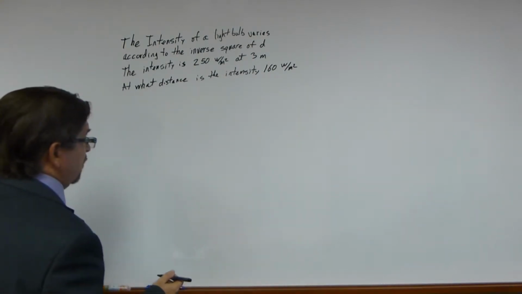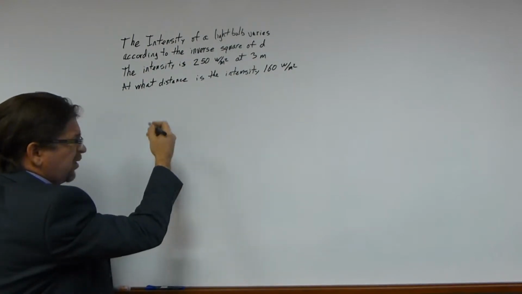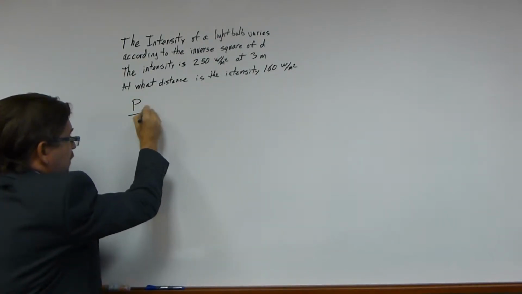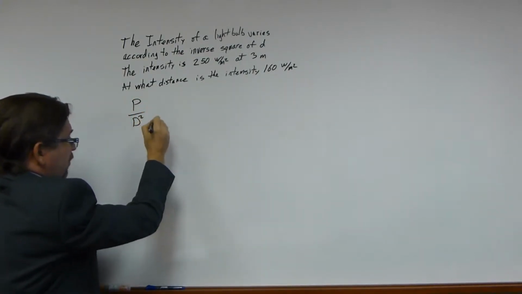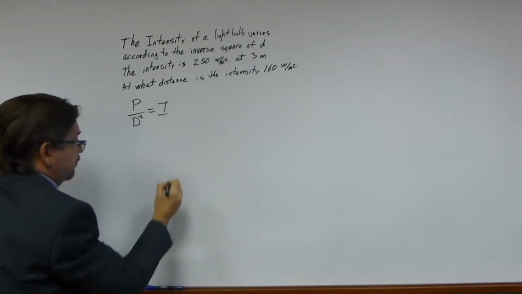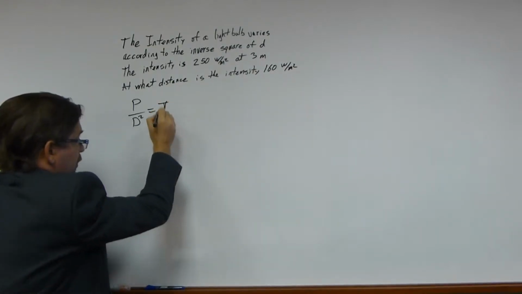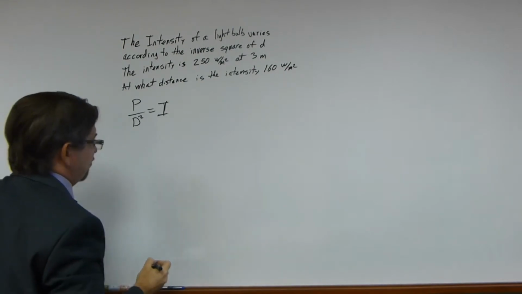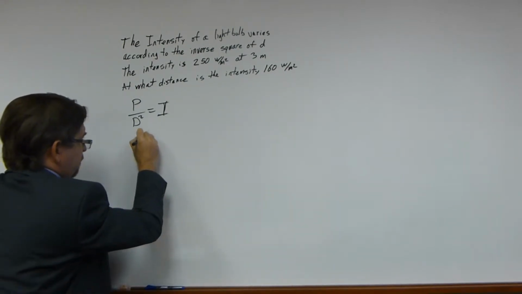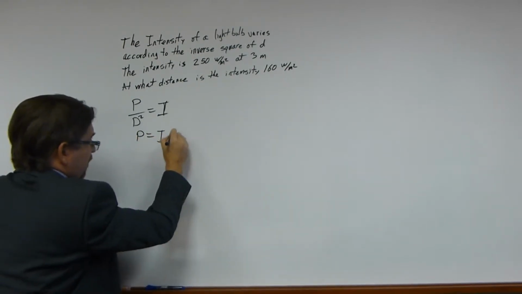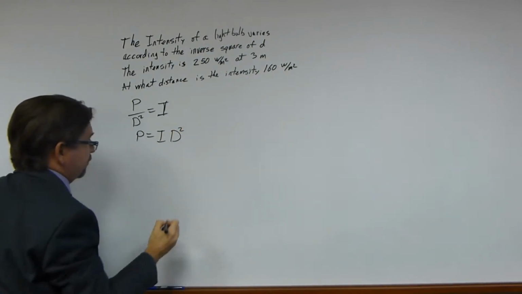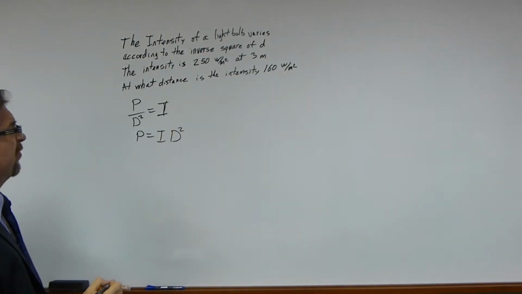So we know that some quantity, let's call it P, times inverse D squared gives us our intensity. I could just rewrite that as P equals I D squared.